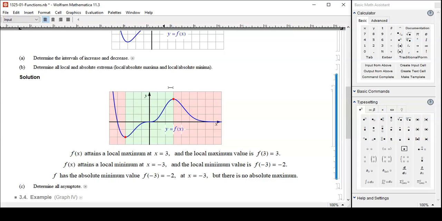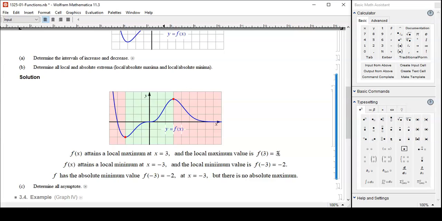So we have local maximum here, highlighted in red, and local minimum here, highlighted in red. And this happens to be also absolute minimum. That's the lowest y-coordinate. Everybody can clearly see that. This one, no, not really. It's a local maximum, yes, but not absolute maximum, because this way it's going on forever toward infinity.